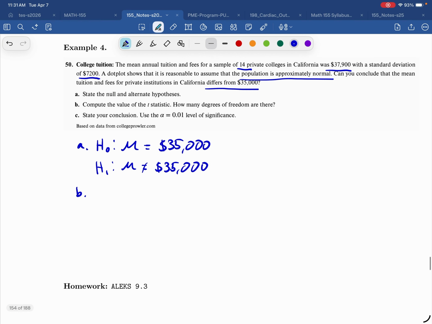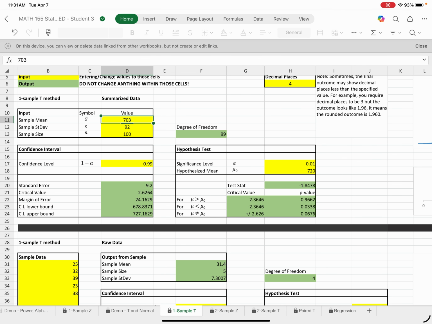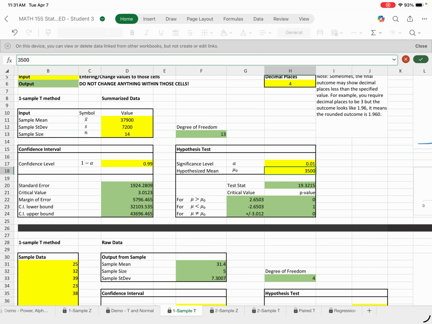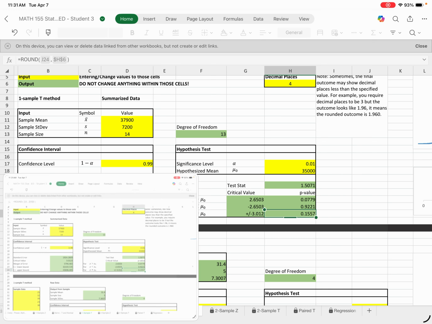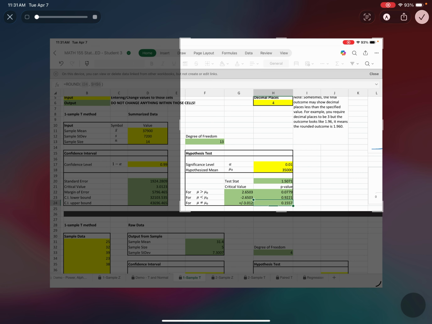Compute the t statistic. Well, we're just going to enter our stuff in, right? N equals 14, 37.9, and 7,200. So 37.9, 7,200, and 14. Hypothesized mean was 35. And so we get that test statistic. We're just going to quickly copy this in.